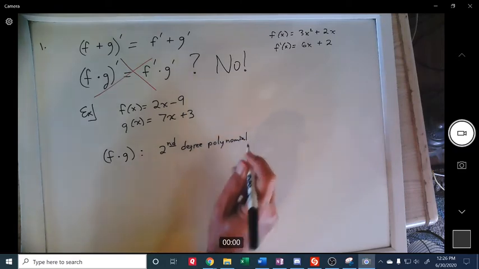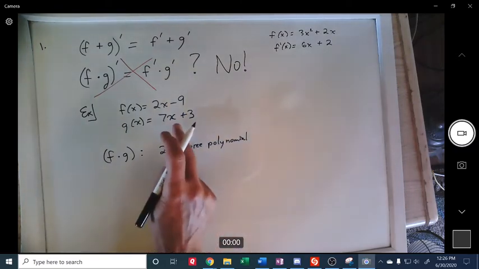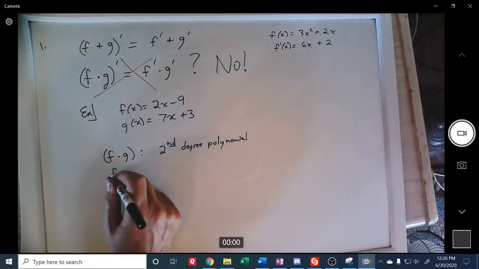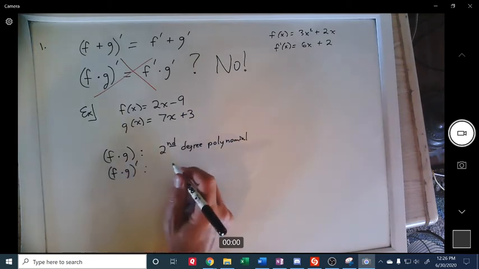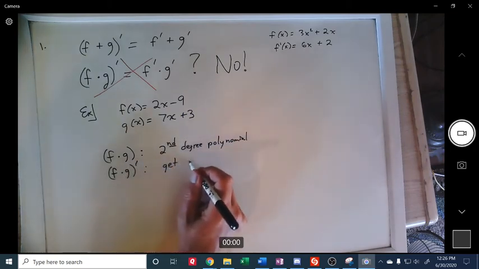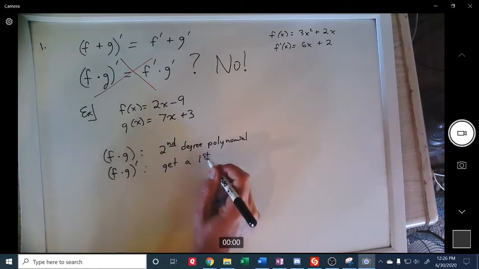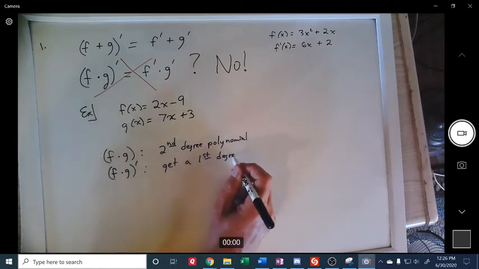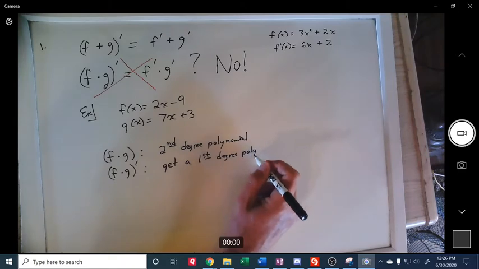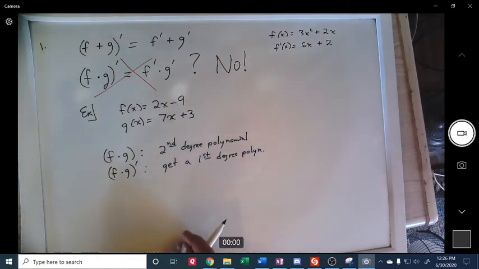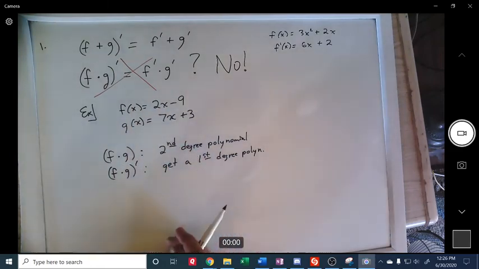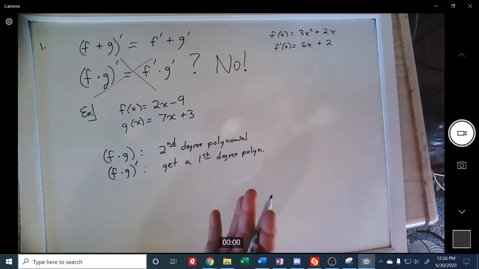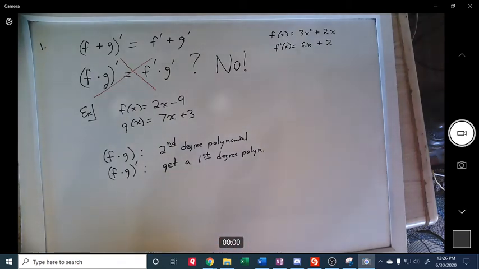There'll be x squareds in it. And then when you take the derivative of f times g, you get a first degree polynomial. So we know that the answer to this should be a first degree. When you take the derivative of any polynomial, you get 1 degree less than what you had before.